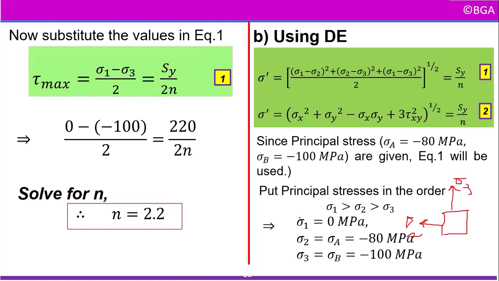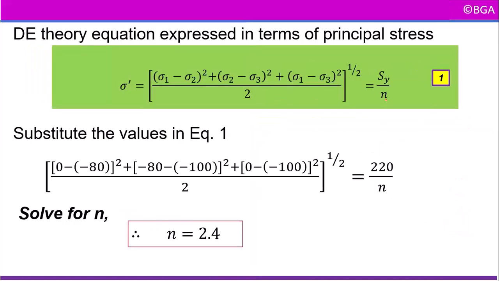Direct substitution of these values into equation 2, with Sy equal to 220 from the table, leaves the only unknown as n, the safety factor. After plugging in all values, you get n to be 2.4.